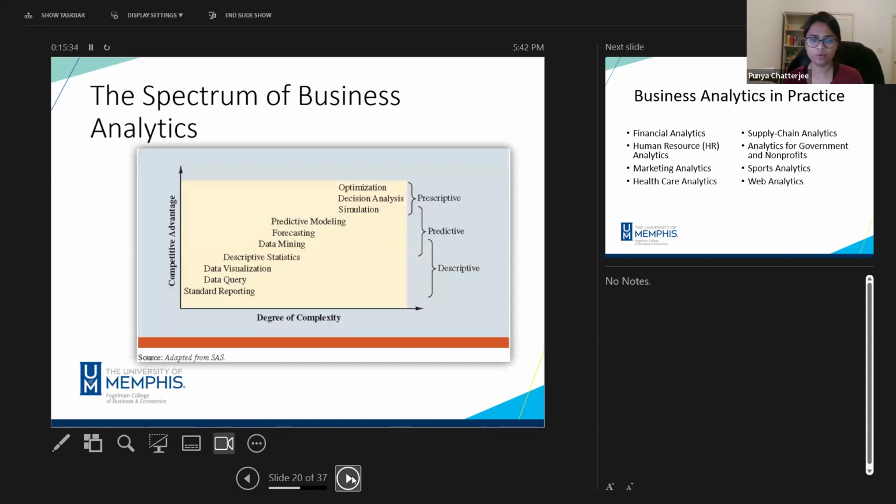Just so that you're prepared, the degree of complexity in terms of how you solve problems, how you think about problems, or the steps that you have to take generally goes up as you go from descriptive to predictive to prescriptive. That means optimization is probably going to be a more challenging topic than regression.